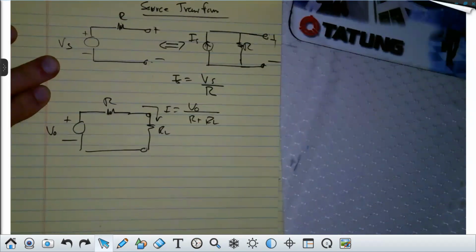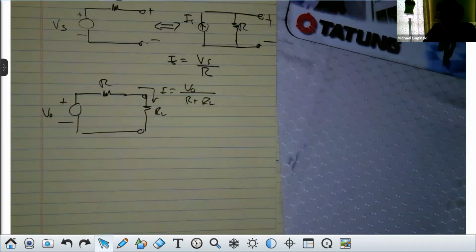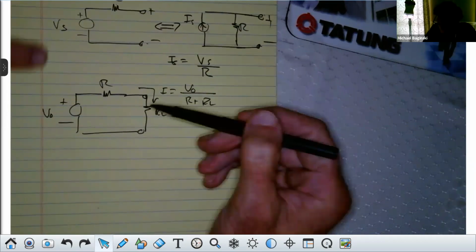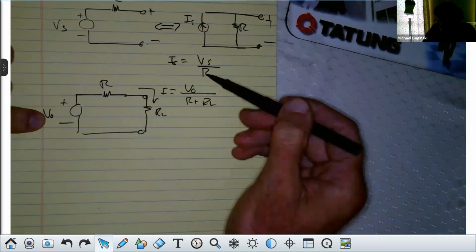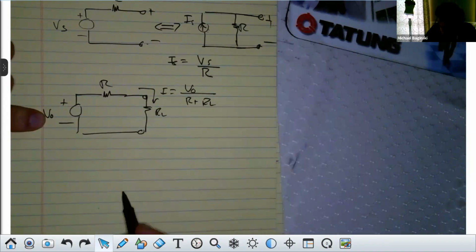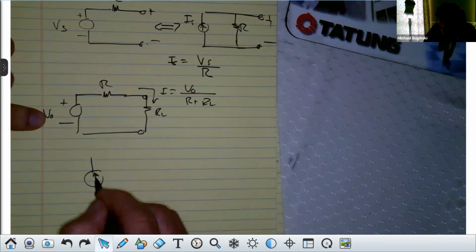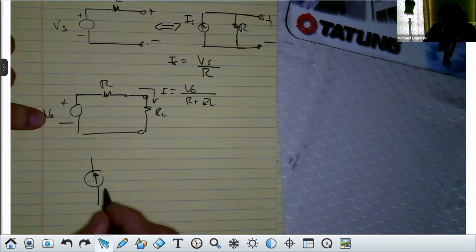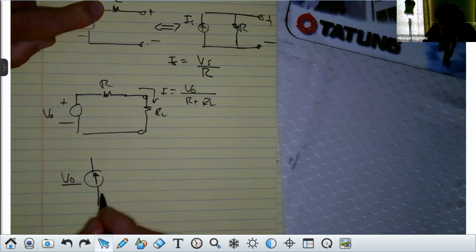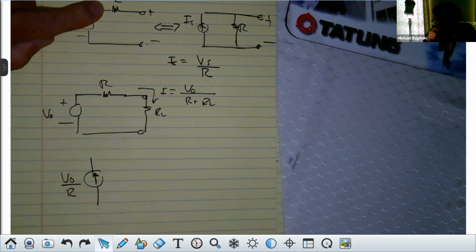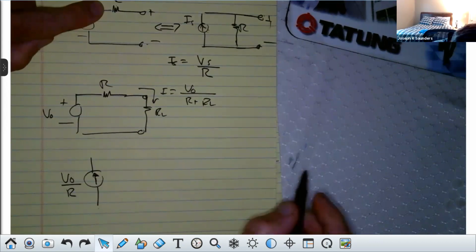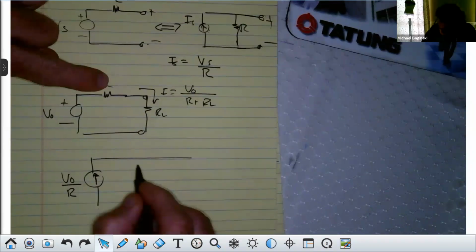Now let's do the source transform. I'm going to take that voltage and divide it by R and make it the current source. So now I have a current source here. That's the symbol for a current source. That is simply V naught over R. And then I'm going to put that resistance in parallel.